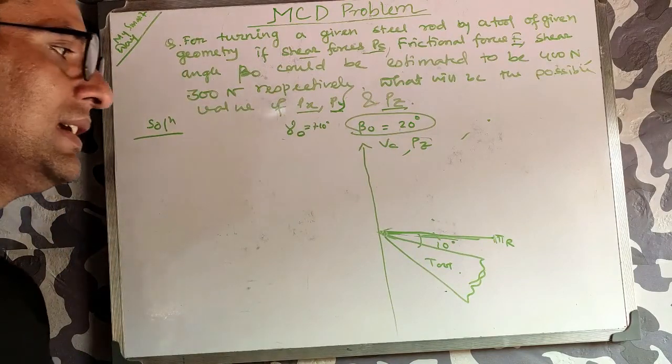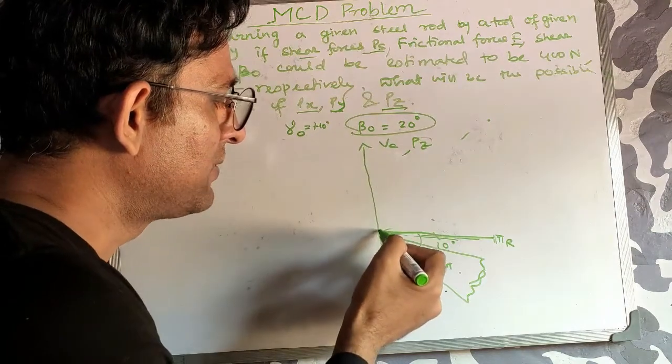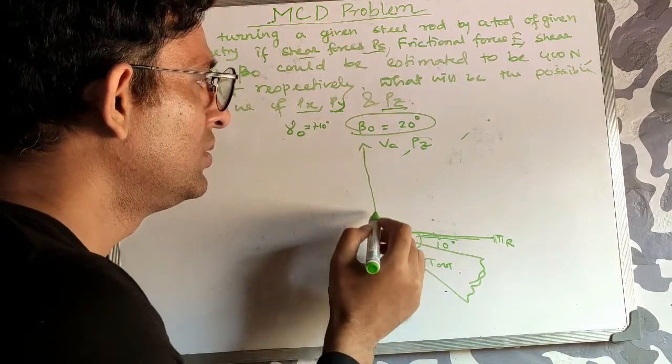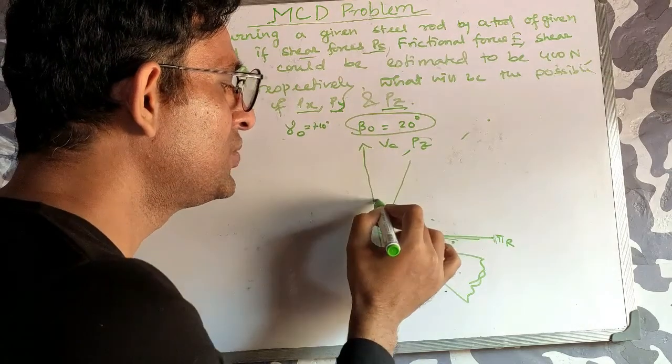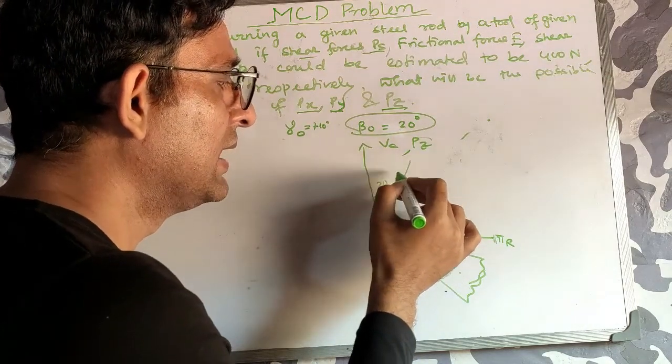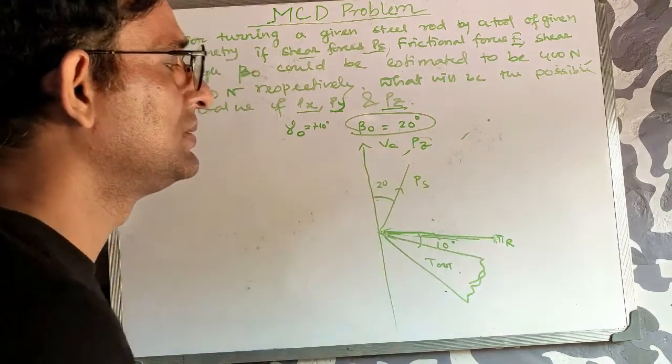Beta 0, or shear angle, is the angle of inclination from the Pz, from this direction, to the cutting force. So this is 20 degree and this direction is known as Ps.